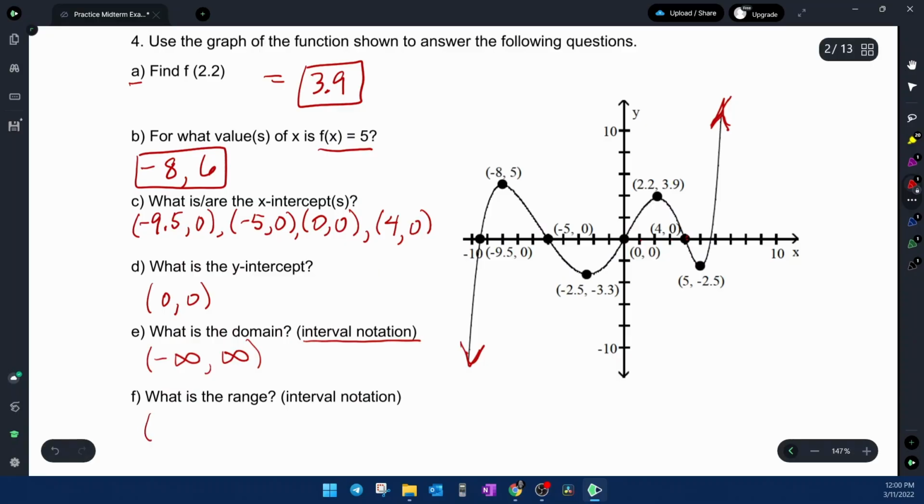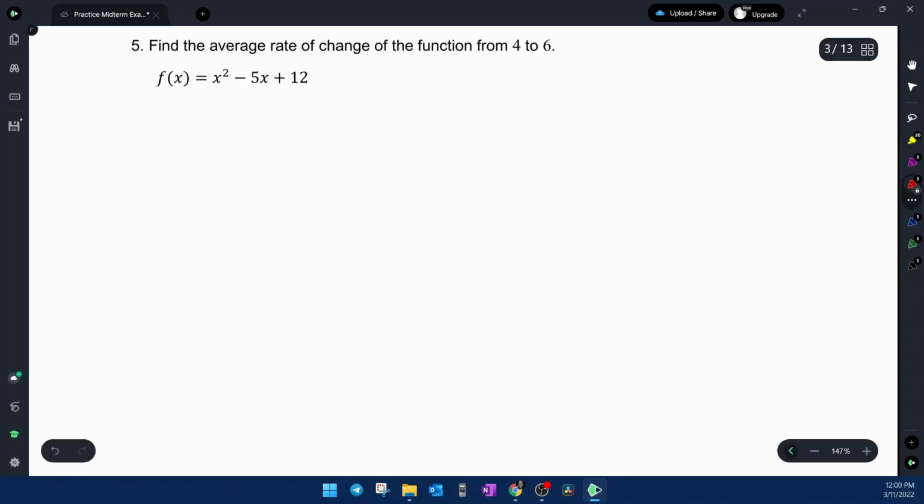And so the range, again, in interval notation would be everything from negative infinity to infinity. It is important to remind you that the domain and the range have to be recorded from the negative to the positive.